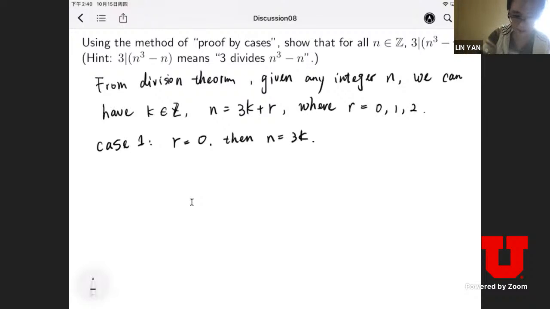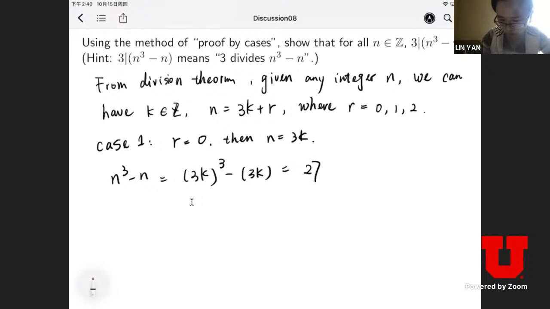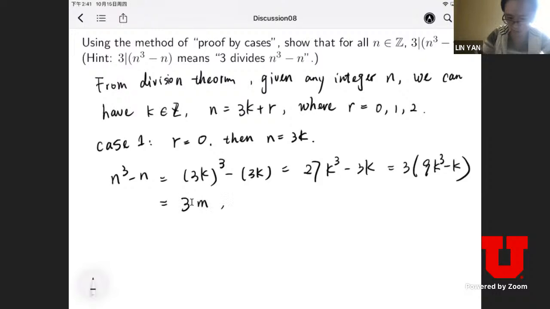In this case, n cubed minus n is equal to 3k cubed minus 3k. It is equal to 3n, where n is equal to 9k cubed minus k.